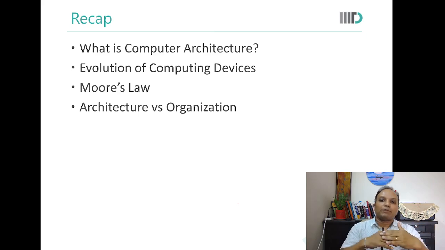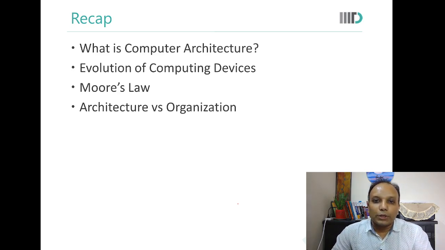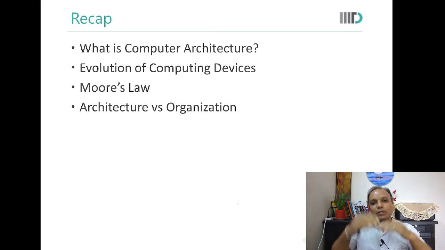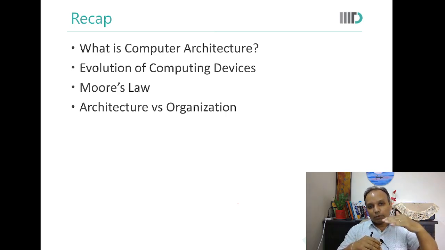Computer architecture plays a very important role in that, as the abstraction layer which coordinates between the application and the subsequent layers, and the device and physics and the subsequent layers. Then we very briefly talked about the evolution of computer devices, and how Moore's law played a very important role there. In the next class we will talk about architecture versus organization.